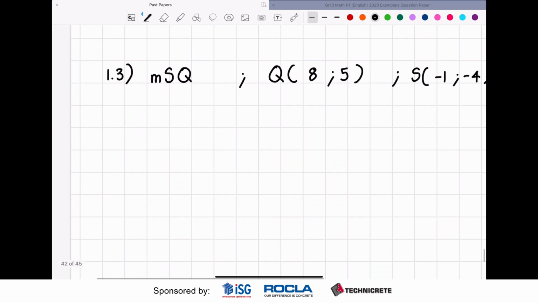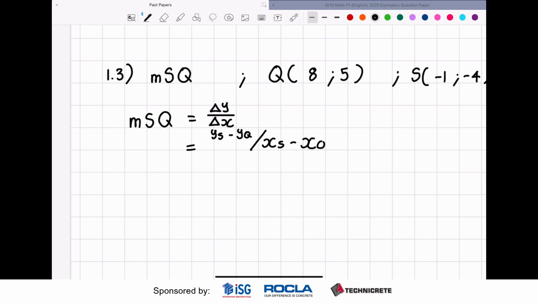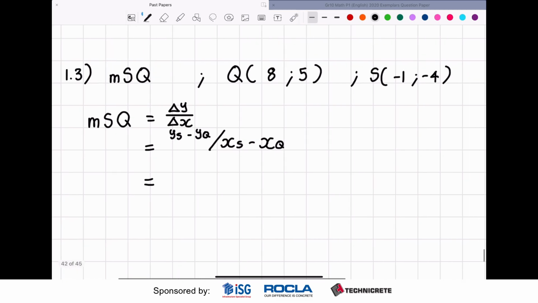And so to find the gradient, I can just use the gradient formula, which is the rise over run. So that's going to be change in y over change in x, which is going to be equal to the y of S minus the y of Q divided by x of S minus x of Q. Y of S is -4 minus y of Q, which is 5, and that's divided by x of S, which is -1, minus x of Q, which is 8.